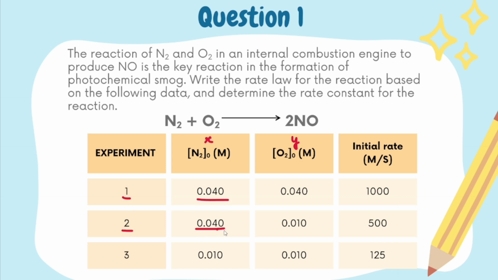When we divide these two rates, these will cancel and we can easily find the value of y. So to find y, we are going to divide the rate of the first experiment by the rate of the second experiment.